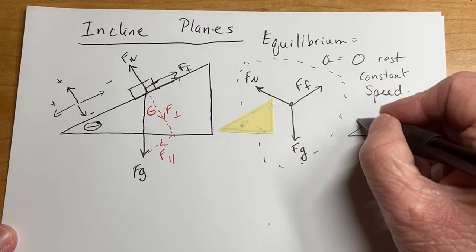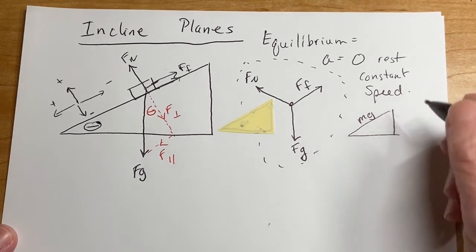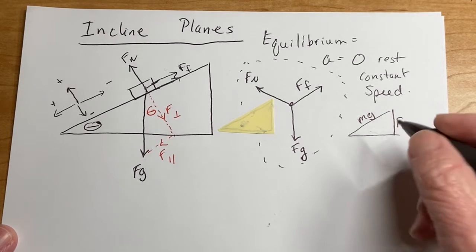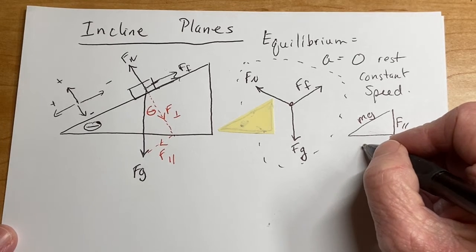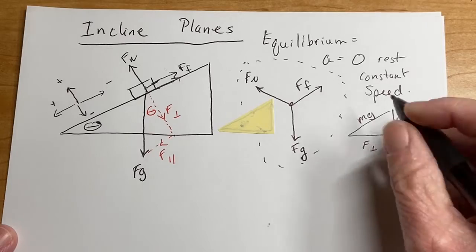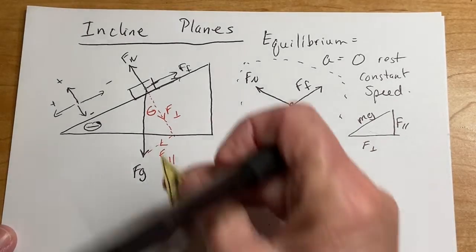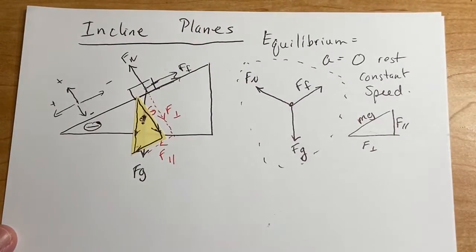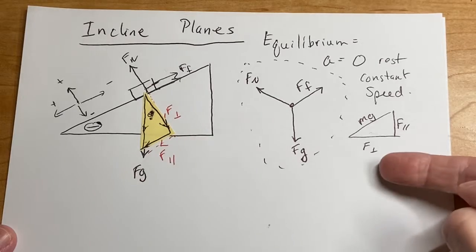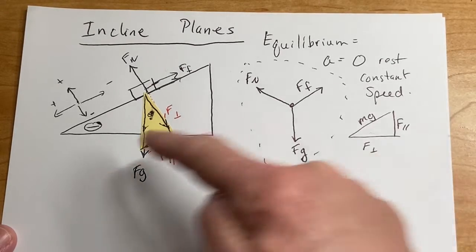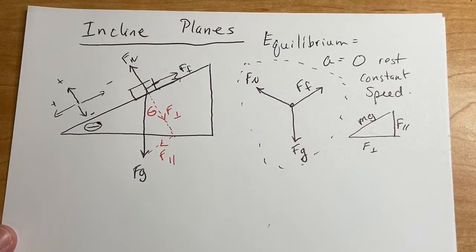This side becomes mg, this side becomes F parallel, this side is F perpendicular. You can just flip them again. F perpendicular ends up on the bottom, F parallel over here, mg is the longest side, and then theta would be in here.